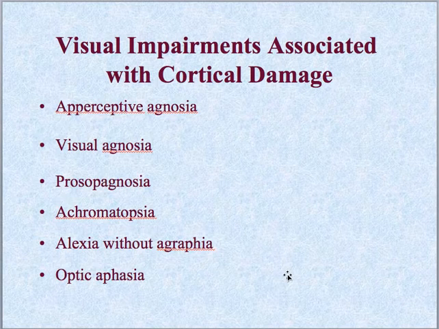Look carefully underneath the slide, you'll see descriptions for each one of these different types of cortical damages that are going to manifest into visual impairment. Okay, and with that, this is the material that I want you to focus on for your final exam.